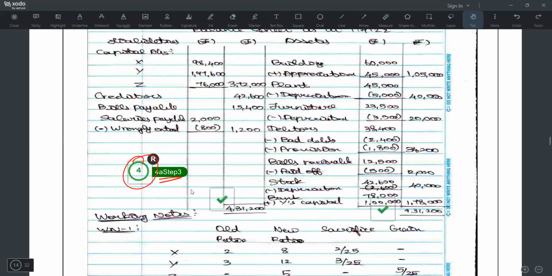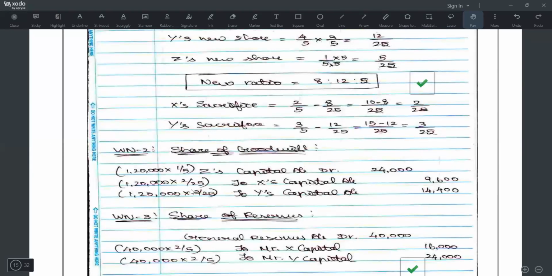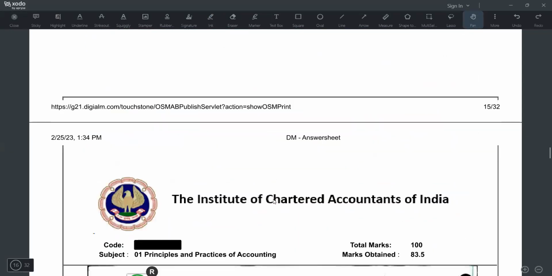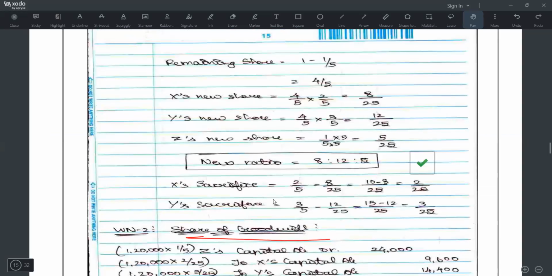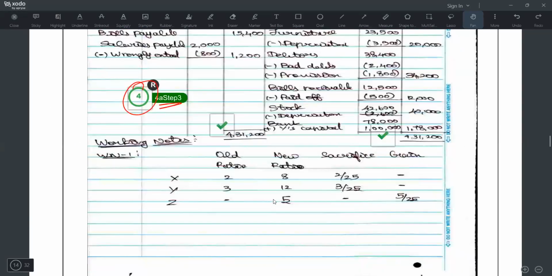Appreciation, depreciation, everything has been written very properly. Working notes, new profit sharing ratio he has done. Working note 2, share of reserves, journal entry he has done, adequate journal entries he has passed. Okay, then he has done everything. So they have given 10 out of 10. Did you believe? Is it possible in partnership? Yes, it is possible when you have strong basics on it.